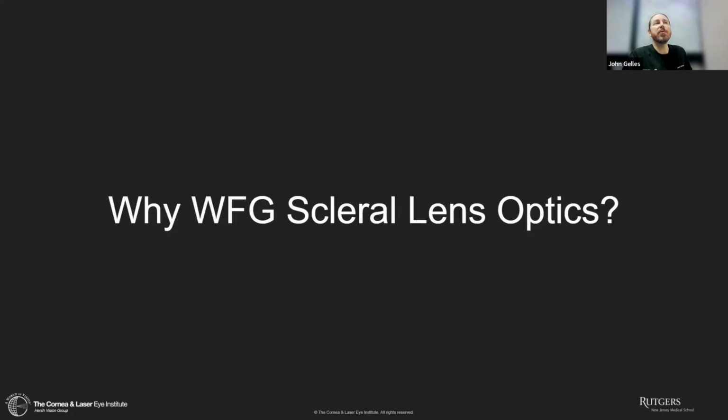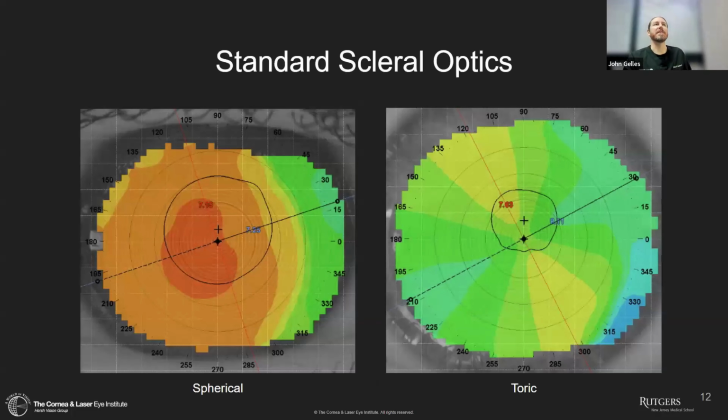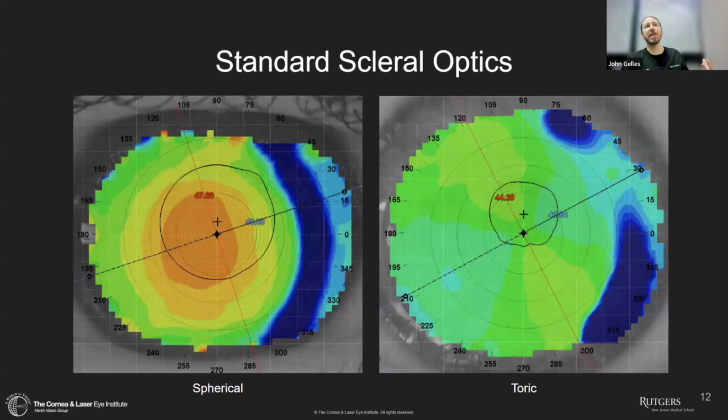So why would we use wavefront guided scleral lenses? Well, we know that standard scleral lens optics are spherical or toric, and we can look at these by taking topography over the top of the lens. We can see the profile of those optics.